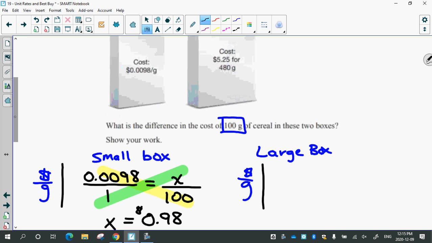We got $5.25 for 480 grams equals x for 100 grams. That should be your proportion. You want to know how much it costs for just 100 grams.